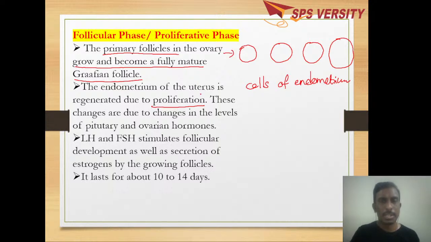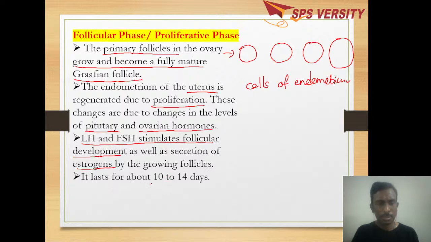These are the changes which take place in the follicle. The change in the uterus is that the thickness of the endometrium will increase. At the same time, the levels of the ovarian hormones as well as the pituitary hormones will increase. LH and FSH will stimulate the follicular development as well as the secretion of estrogen. For how many days will it last?